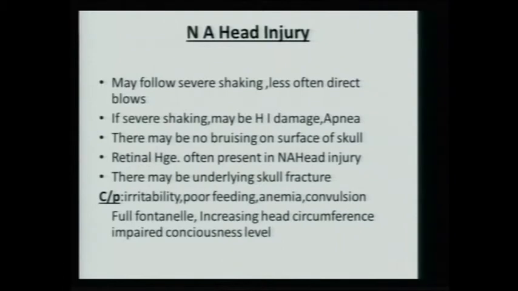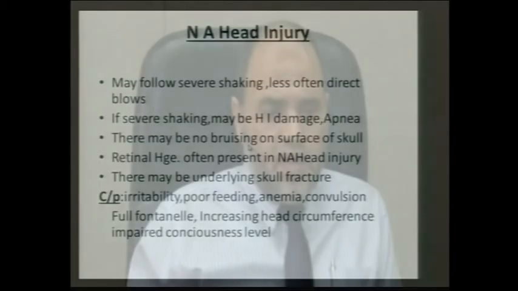There may be no bruising on the surface of the skull. Ophthalmology examination is very important because retinal hemorrhage is often present in non-accidental head injury. Also, there may be an underlying skull fracture. What's the clinical picture of non-accidental head injury?